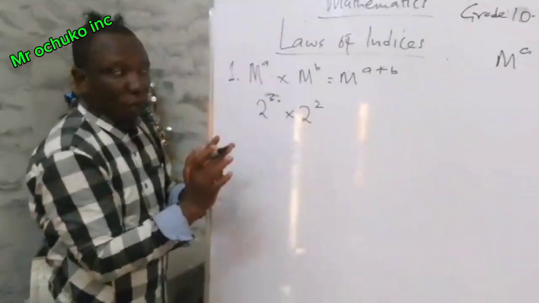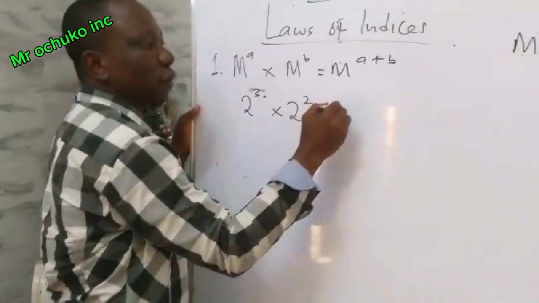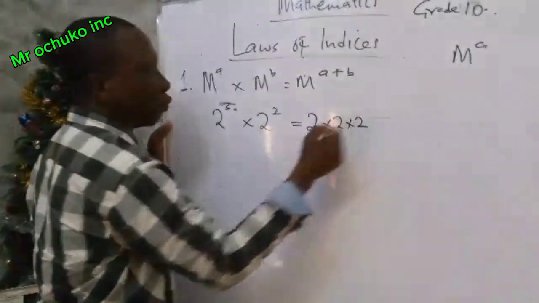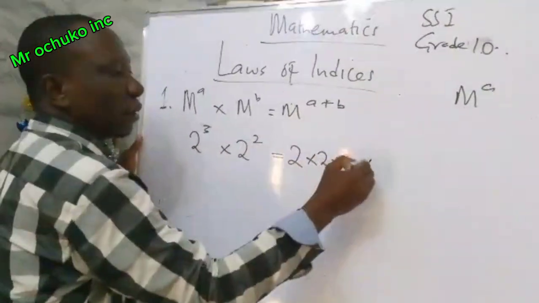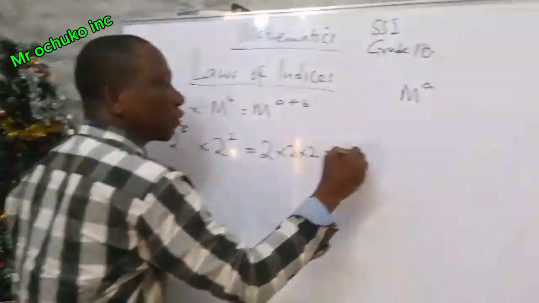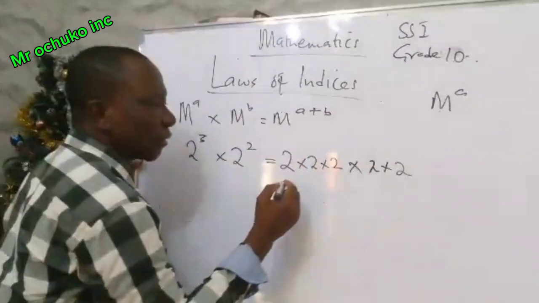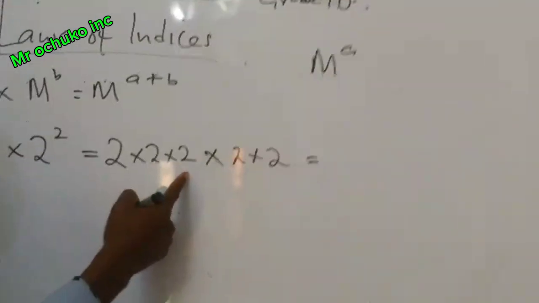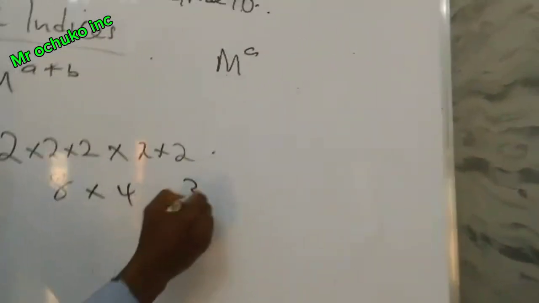By expansion that we did in our lower classes, 2 raised to power 3 is 2 times 2 times 2, then times 2 times 2, that is 2 raised to power 2. Let's multiply it and see what the answer is. I'm going to have 2 times 2 times 2, 8, times 2 times 2, 4. And 8 times 4 is 32.